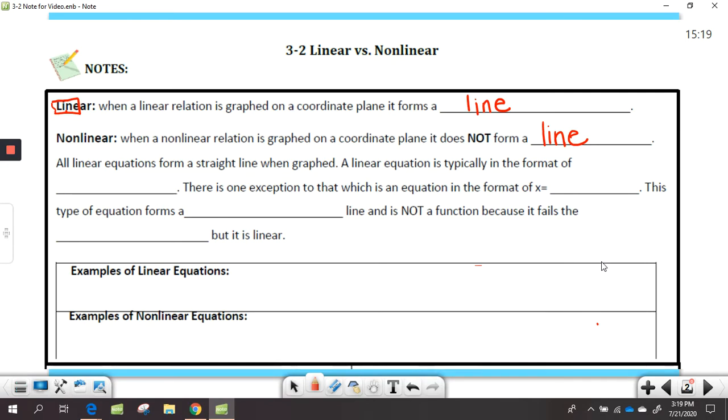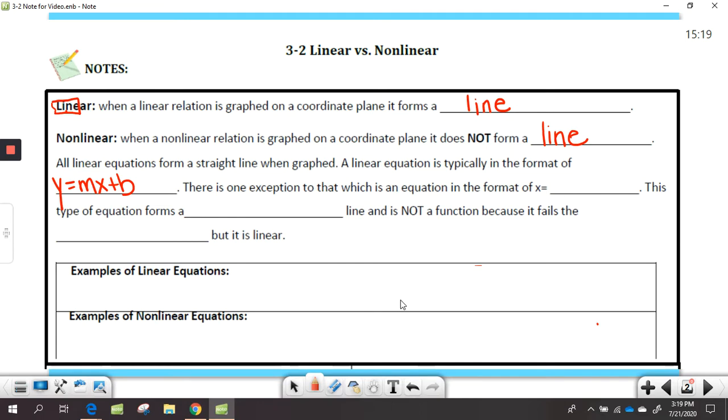All linear equations form a straight line when graphed. A linear equation is typically in the format of y equals mx plus b, which is called slope-intercept form.